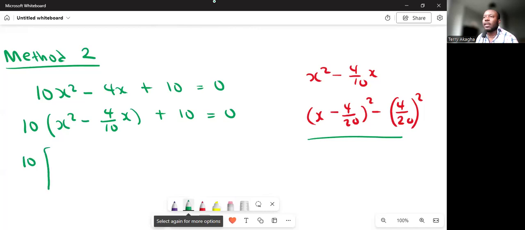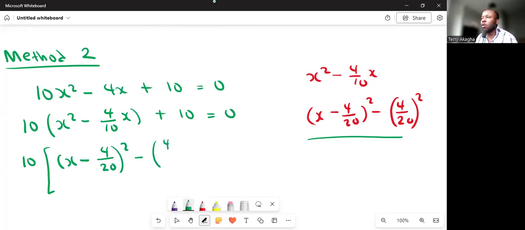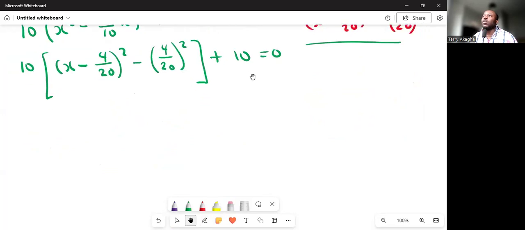So it's going to give you 10 into bracket x minus 4 over 20 all squared minus 4 over 20 all squared, close bracket, plus 10 is equal to 0. Then the next thing you do, you open the bracket.